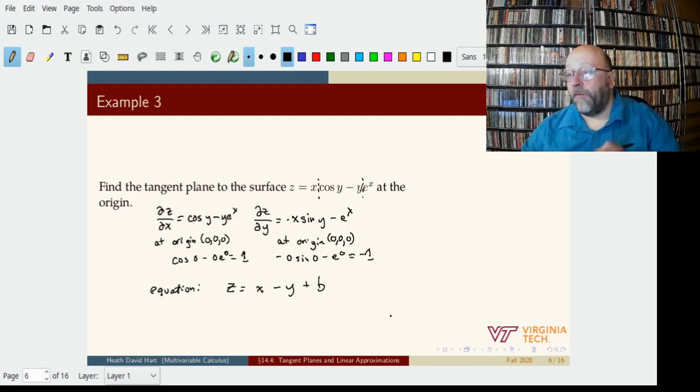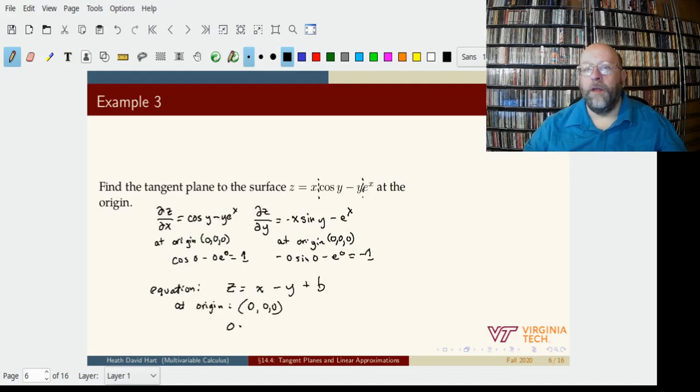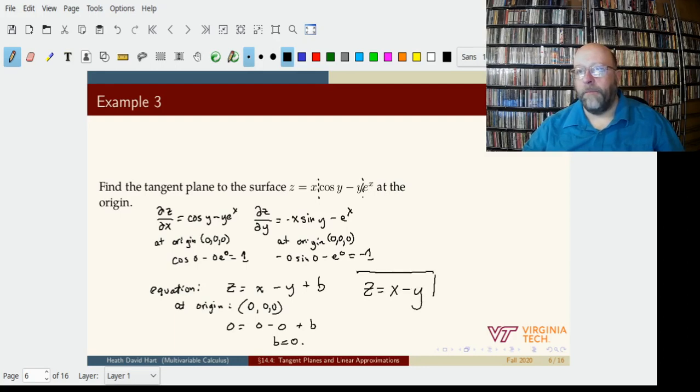So we have to figure out what b is. Well, we're at the origin. We use the origin in all three steps. So 0 equals 0 minus 0 plus b. Well, then b turns out to be 0 also. And so the tangent plane to this surface at the origin is z equals x minus y plus 0.